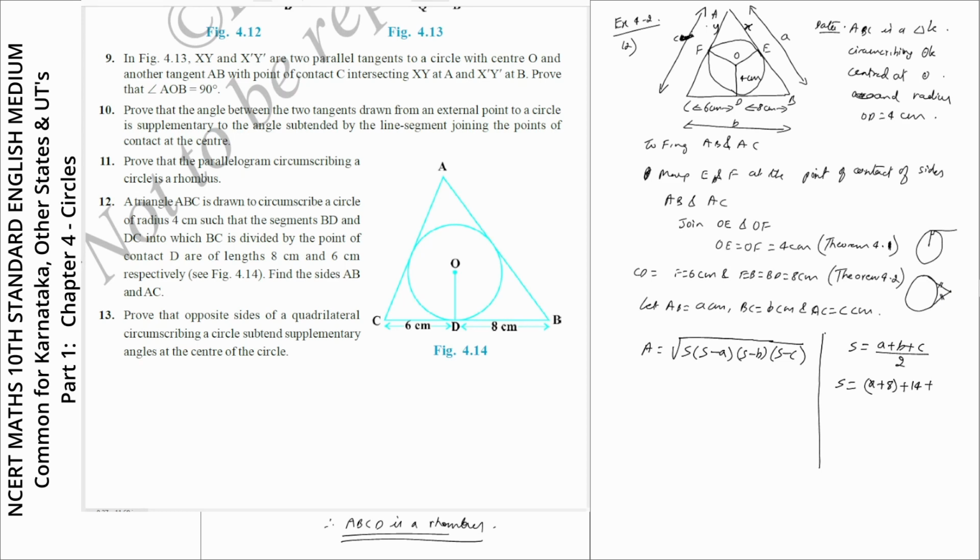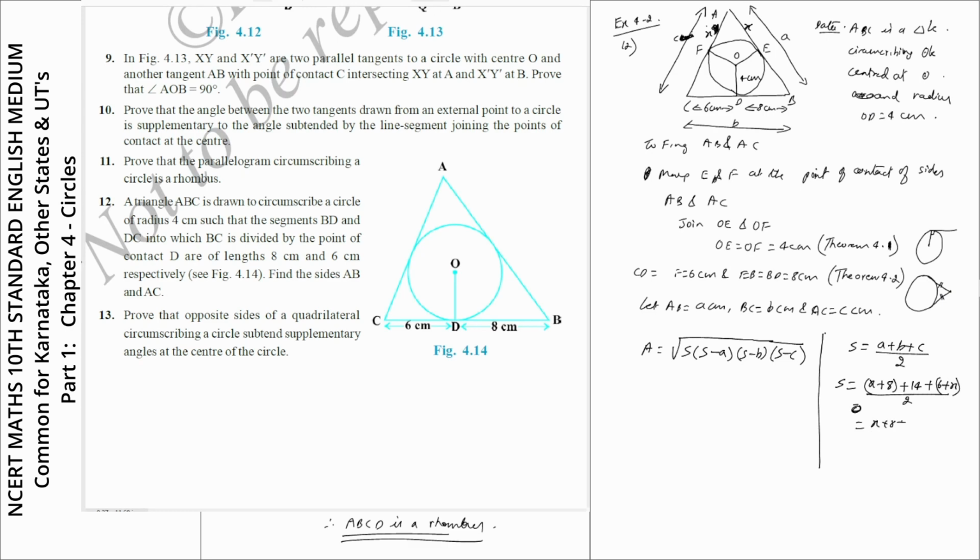AF also will be X, because AF will be equal to AE according to theorem number 4.2. So now B is (6 plus X) and the whole divided by 2. If I remove the bracket, how much will I get?